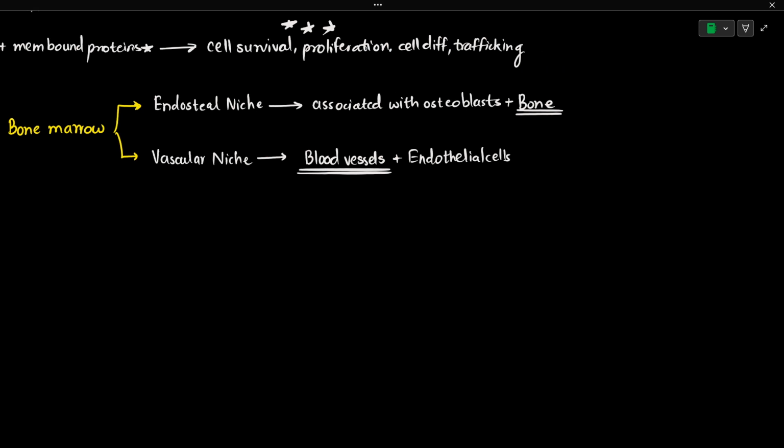Okay, what happens in the endosteal niche? The hematopoietic stem cells which are residing in the endosteal niche are going to stay in the quiescent stage. All of the quiescent hematopoietic stem cells in the bone marrow are going to reside in the endosteal niche.